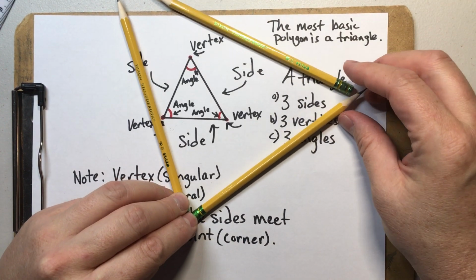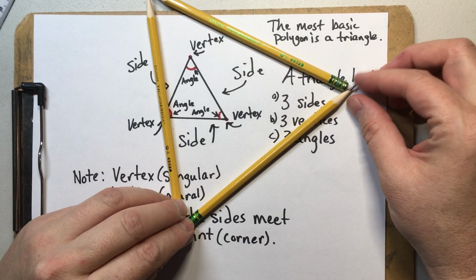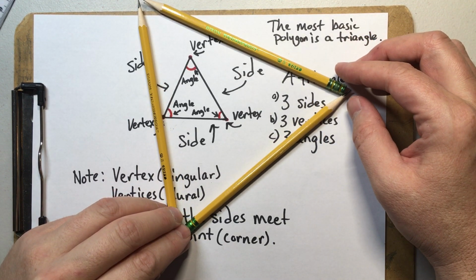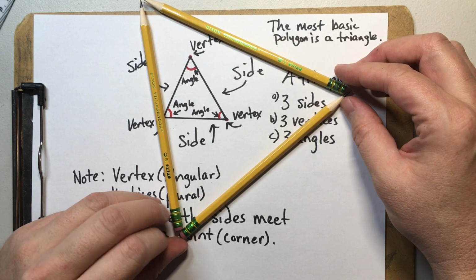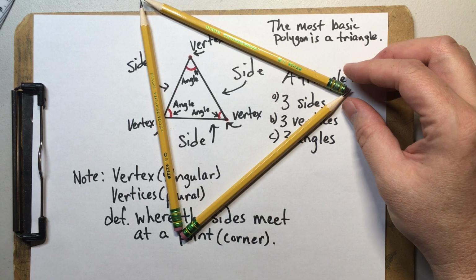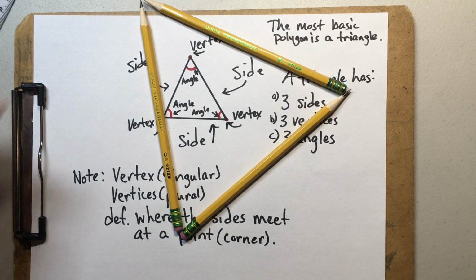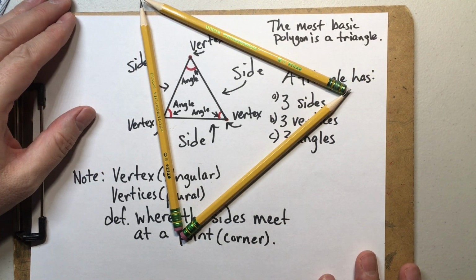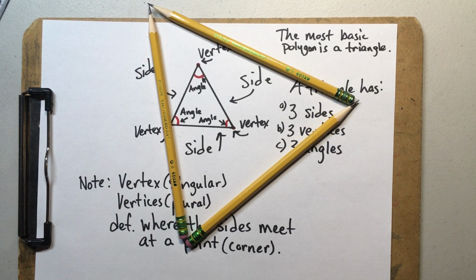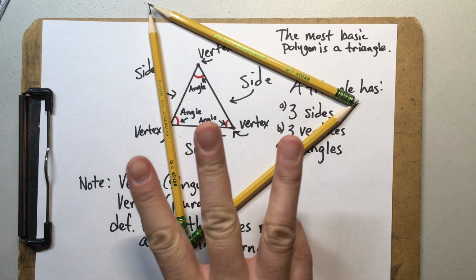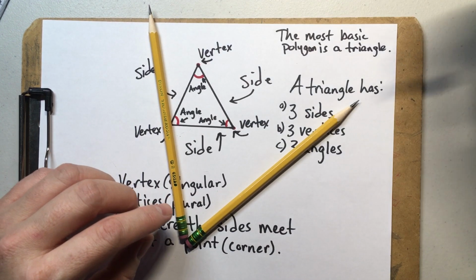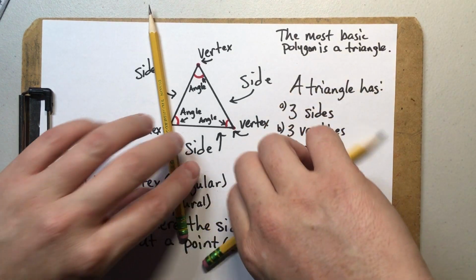We can go into so much detail about the sides of triangles, and I'll do some instructing on that in a second. In order to make the most basic polygon, which is a triangle, you need at least 3 sides. Other than that, you're not going to be able to make one. So that's just a quick little demonstration of that.